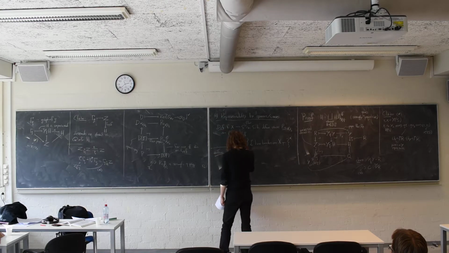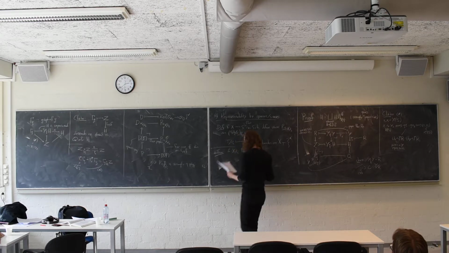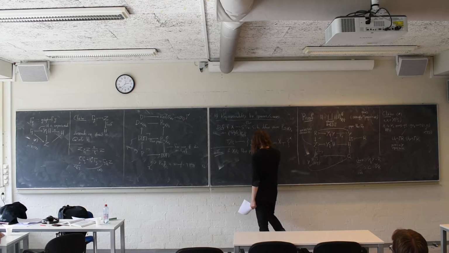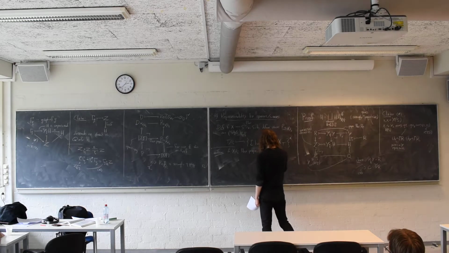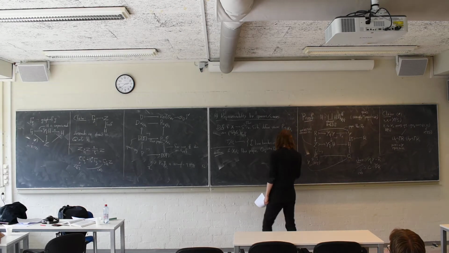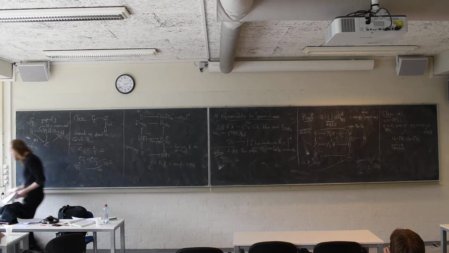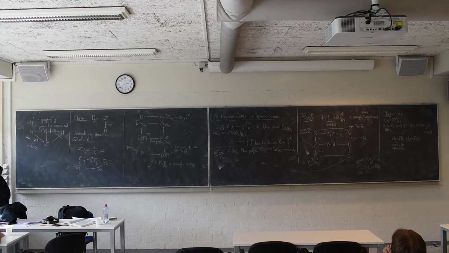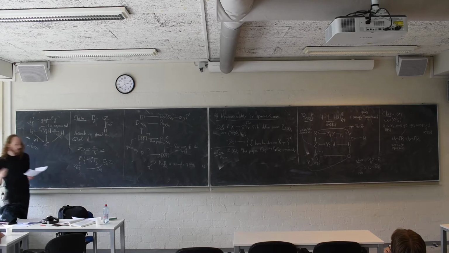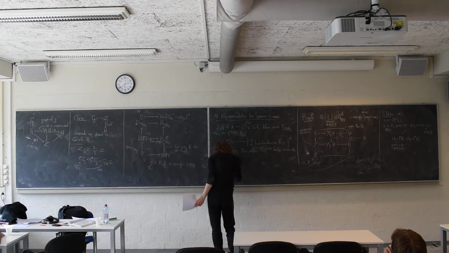If X over S is flat and proper, and we assume that this condition holds, O_S to f lower star O_X is universally an isomorphism. Then a bunch of things hold, of course.